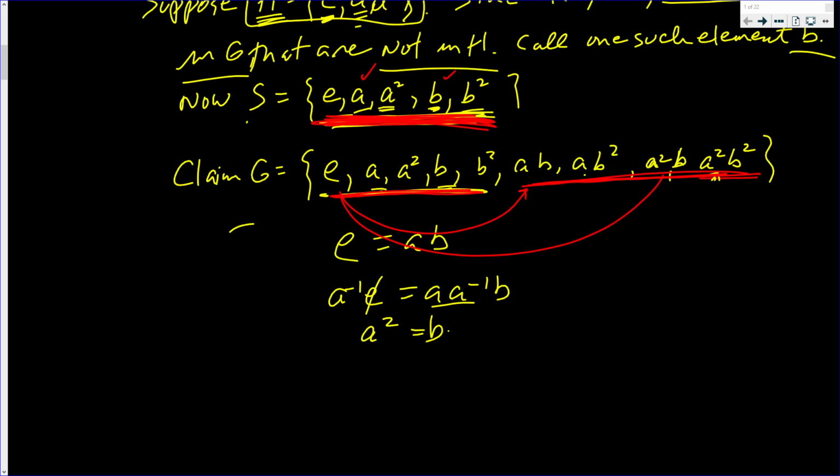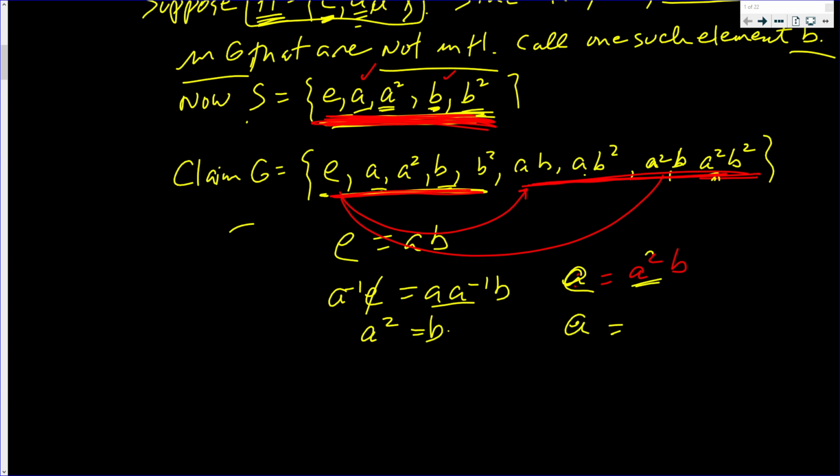Can E equal A squared B? Well, I'll multiply this by A. This was E. I multiply by A, I get that.